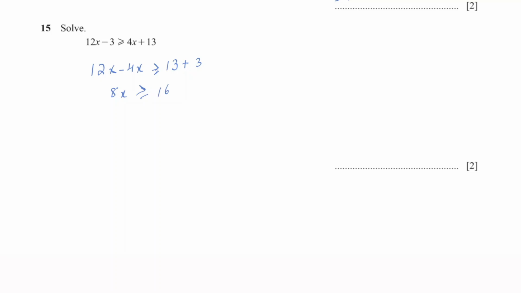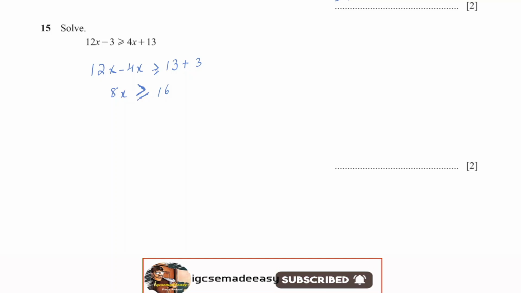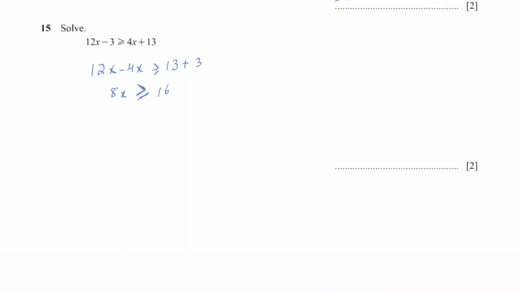Keep it in mind, this greater than equals to sign will only change when there is a negative number in division. If the negative number is being divided, then the sign will be changed to the opposite one. Okay, that is not the question right now, but keep it in mind. So here it is very simple.